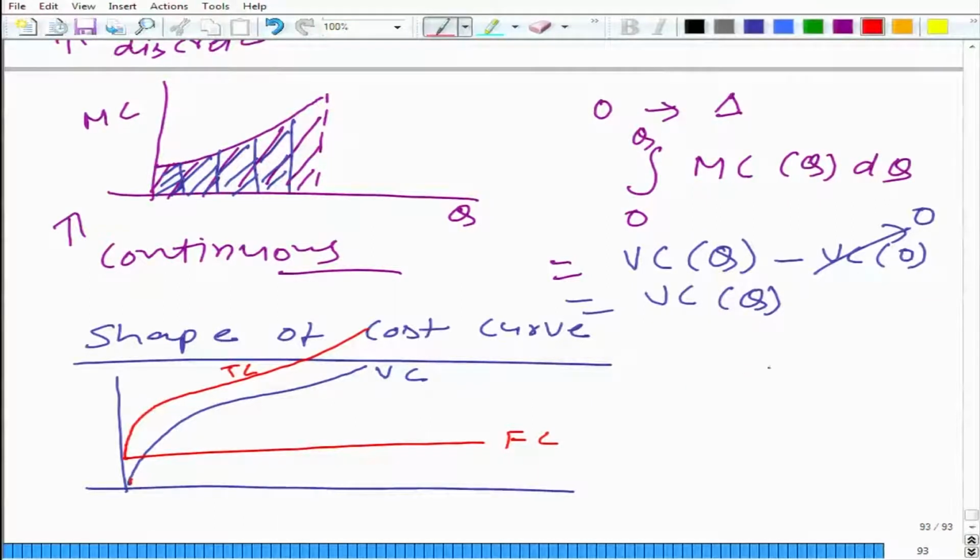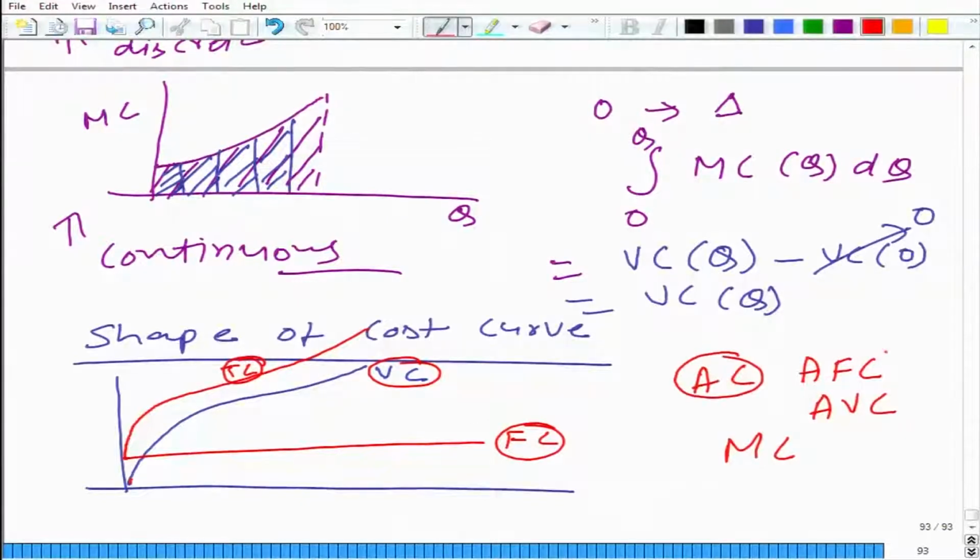What we have learned so far is average cost, average fixed cost, average variable cost and marginal cost. Just count the number of different cost concepts we have learned: total cost, variable cost, fixed cost, average fixed cost, average variable cost and then marginal cost.